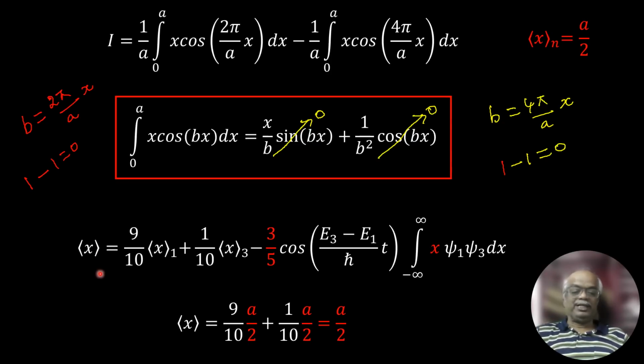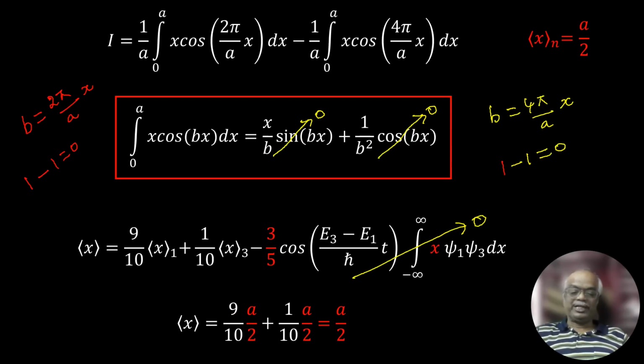So now we have seen the expectation value of x is equal to this one. Now this integral third term will be 0. We have seen this is 0. So only the first two terms exist. 9 over 10 times the expectation value of x for n equal to 1, for the infinite square well potential, this is a by 2. So I can replace this with a by 2. Similarly, the second term, 1 over 10 times the expectation value of x in the third level, also a by 2.